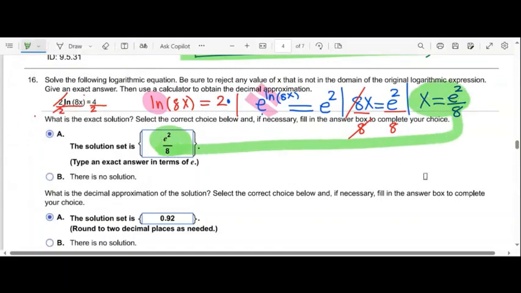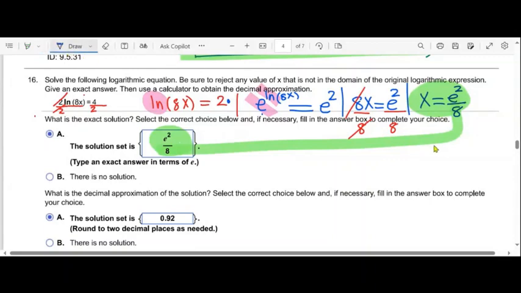Okay, so that's this part. Now, can you use the calculator and tell me how much is e to the power of 2? Okay, one minute. 7.389.